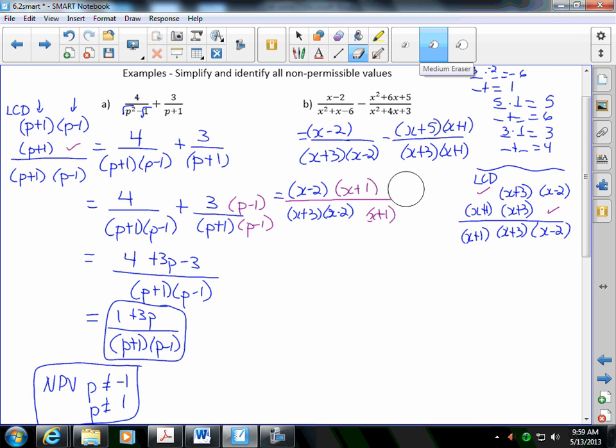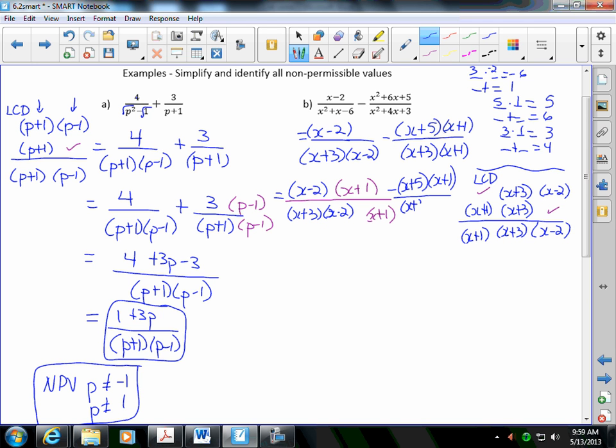So now my second rational here, minus, I had x plus 5 and x plus 1, and I had x plus 3 times x plus 1. What it was missing was x minus 2, and x minus 2 on the bottom.